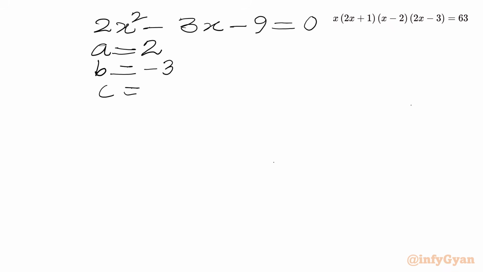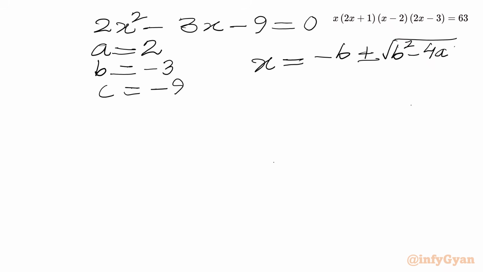C is the constant, it is minus 9. And we are going to use the formula x equal to minus b plus minus square root of b square minus 4ac over 2 times a. Let's plug in all the values of a, b and c.